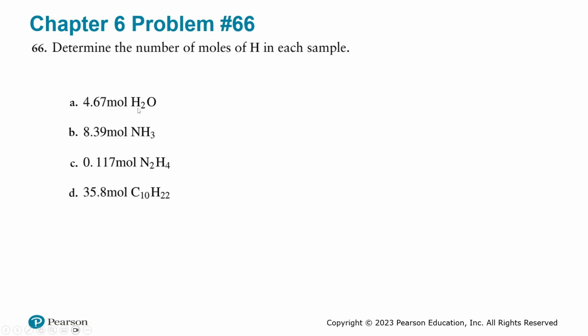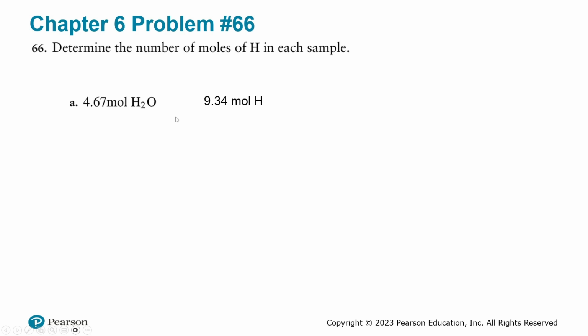So for however many of whatever designated atom, in this case, we're always looking at hydrogens, we're going to multiply the number of moles by the amount of hydrogens in that molecule. So for the first one, we're going to multiply by 2 because there's 2 hydrogens. 4.67 times 2 gives you 9.34.